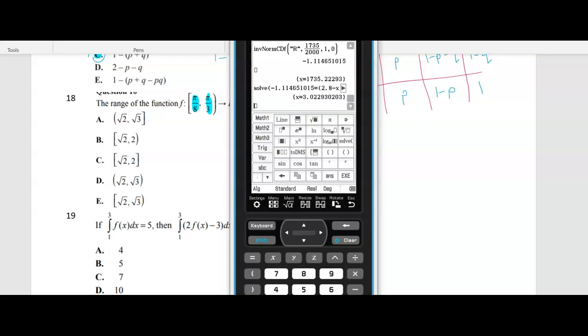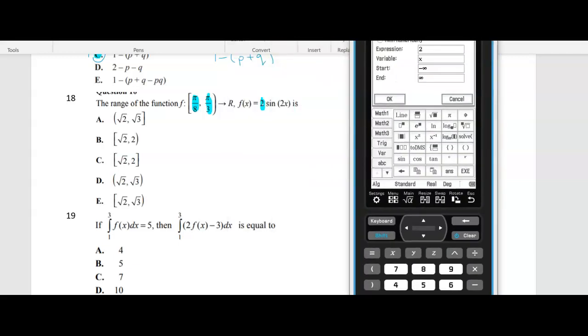So with your calculator, you can just go to Calculation, and we want function min or max, and we'll start with the min, and your expression is 2 sine 2x, and the variable is x, and we're just going to start at pi on 8, and that is included, which is great, to pi on 3.